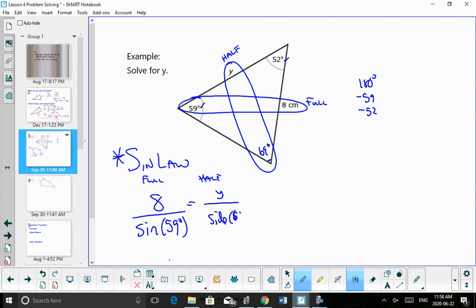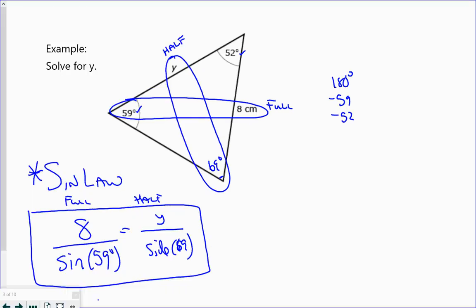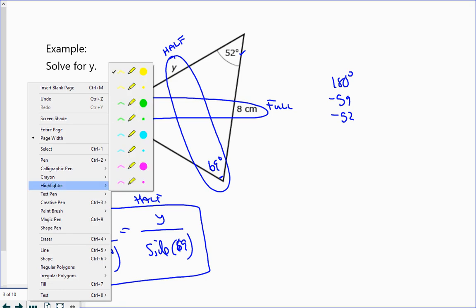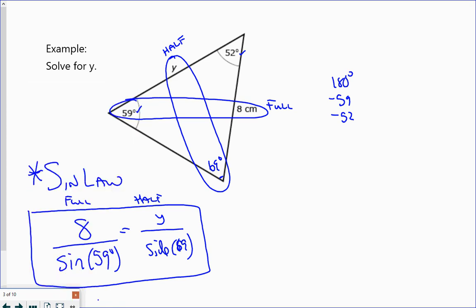So again, I need to see that on your page. Okay? Then the next thing you're going to do is you're going to cross multiply and divide. So you multiply the diagonal that does not have the letter. So that's what you're going to multiply, and then you divide by the sine 59.